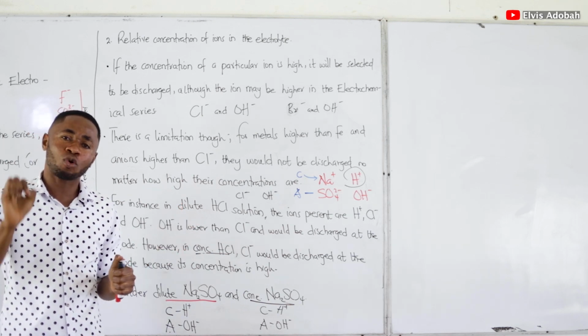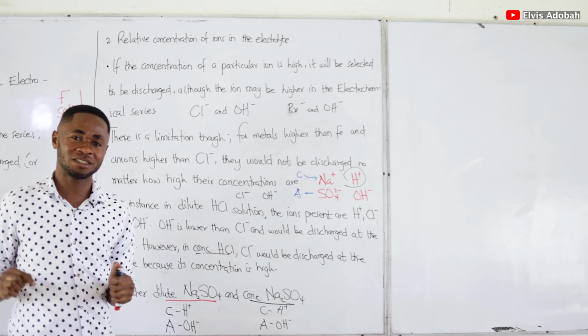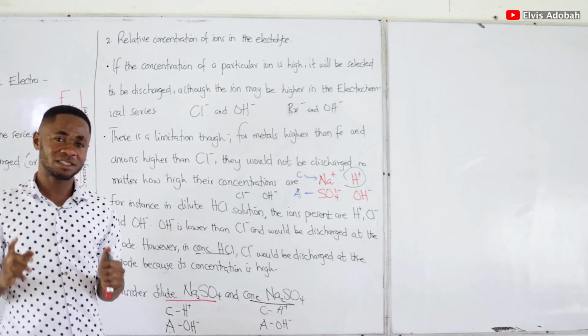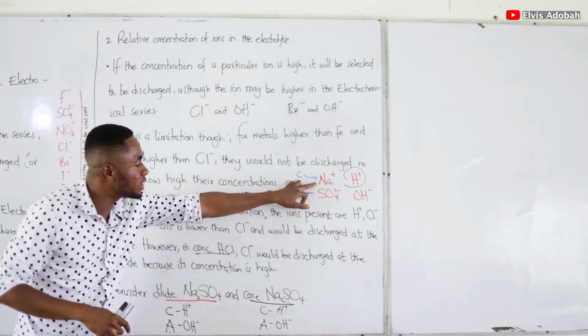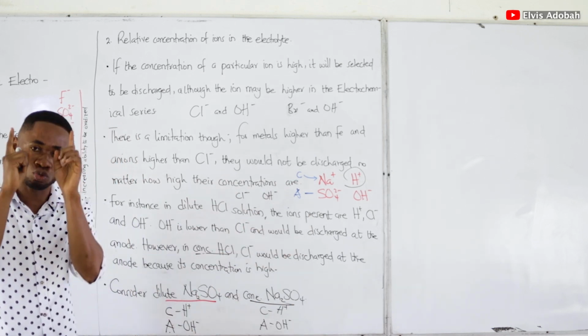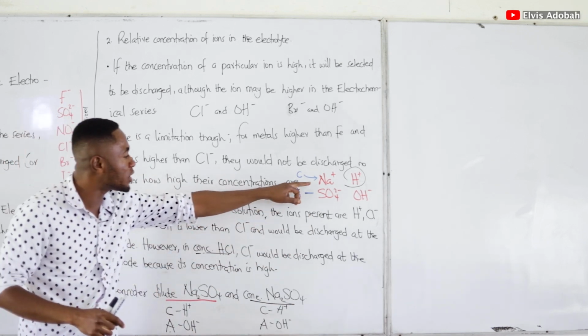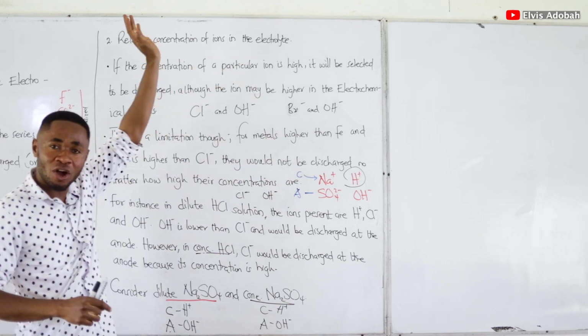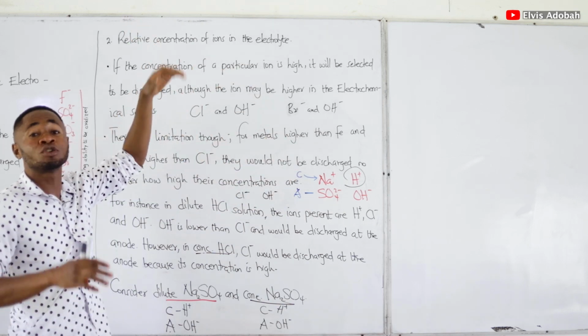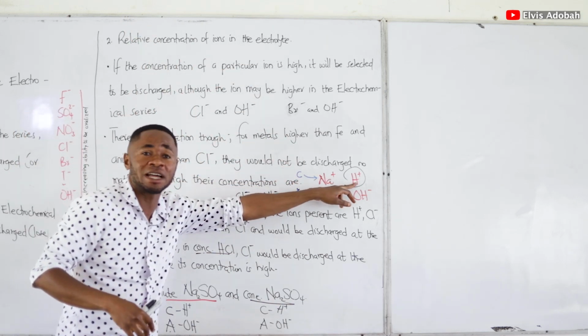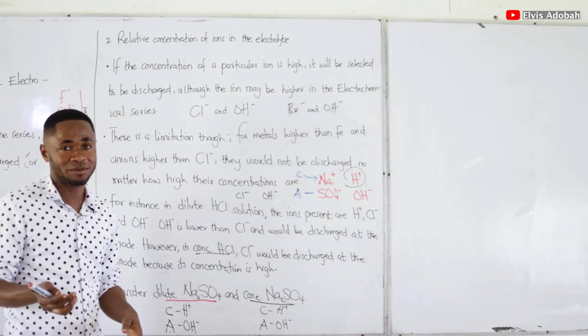But when we are talking about concentrated solutions, please, the concentrations of the ions also come into play. If the cation is higher than iron, then we are still going to maintain hydrogen as the substance to be what? Discharged.